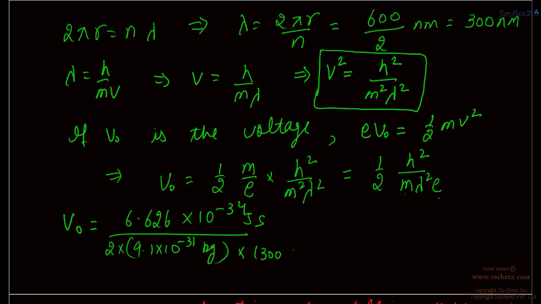So this is in joule second, into 300 into 10 raised to the power minus 9 meter whole square, into e, that is 1.6 into 10 raised to the power minus 19 coulomb.